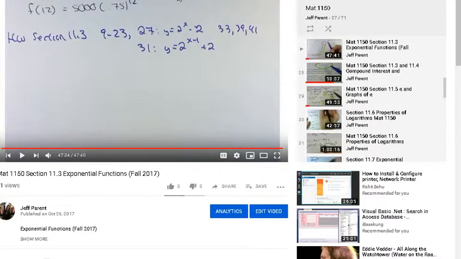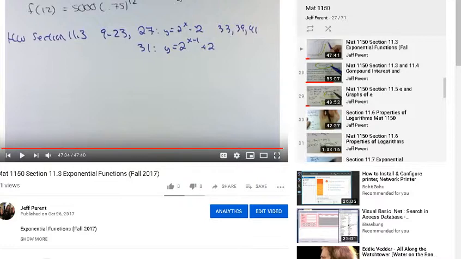So that's 0, that'd be a 1 right here. And if I go all the way up here, I get a point at 1, 2. Which means this graph right here is 2 to the x. And that's going to be this top graph over here.